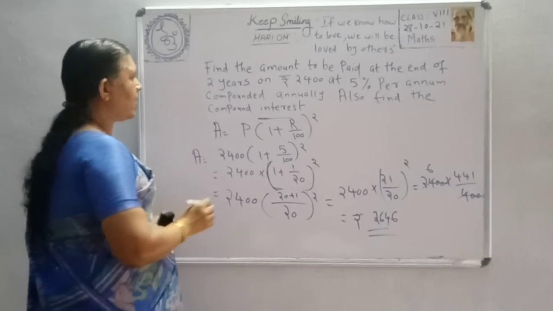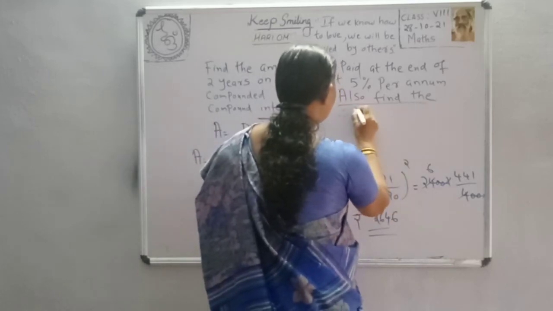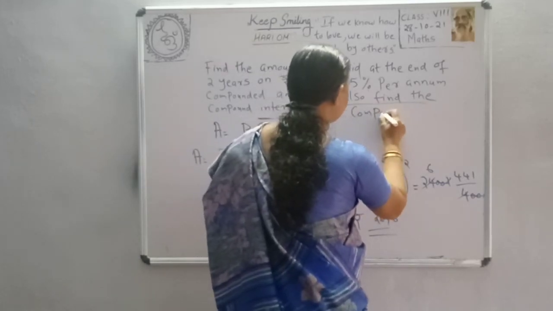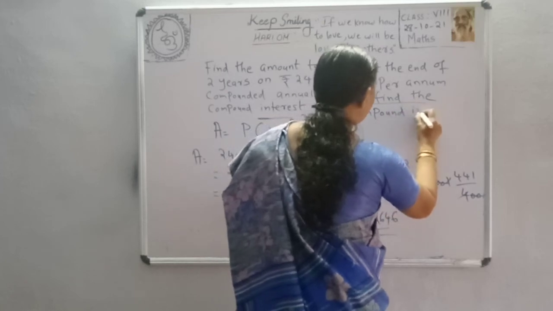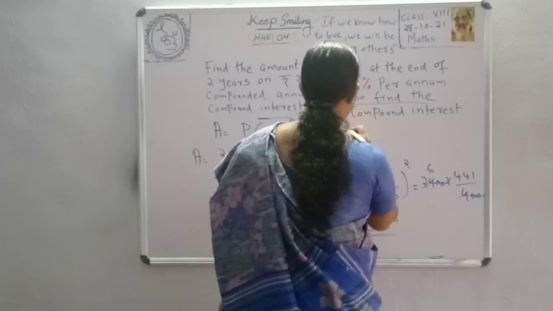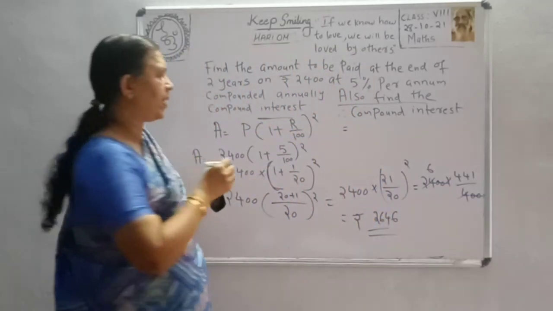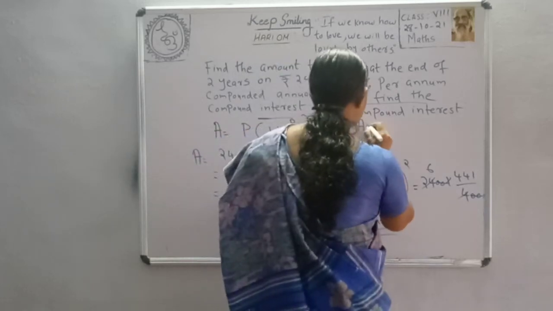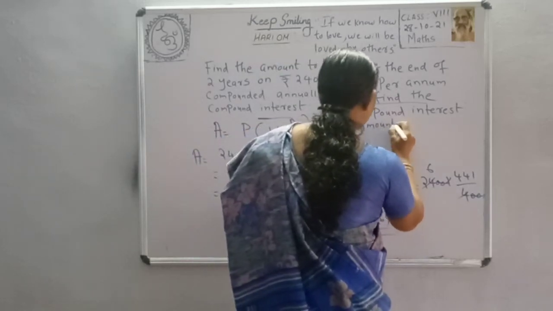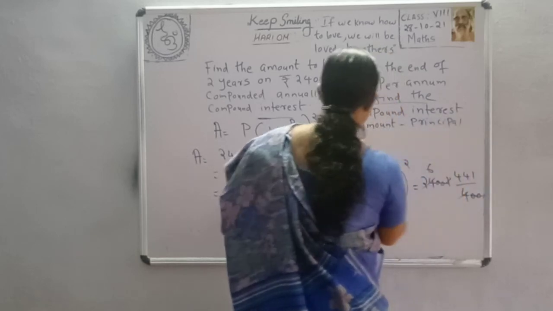Then what is the compound interest? Therefore, compound interest is equal to, when you find the compound interest, it's equal to amount minus principal. So what is the amount here?